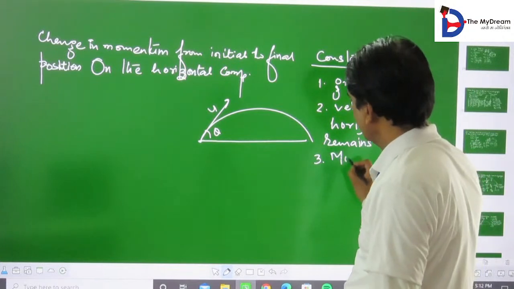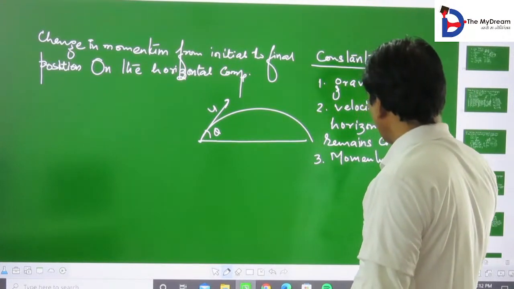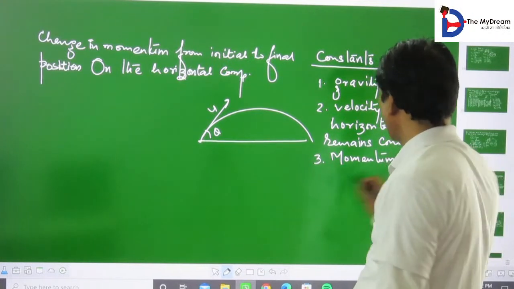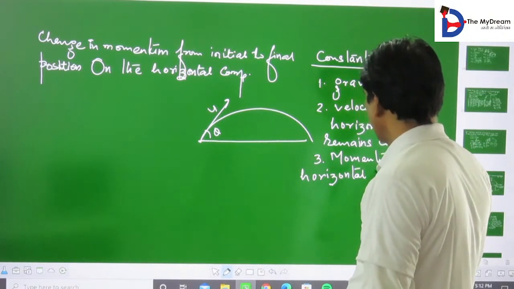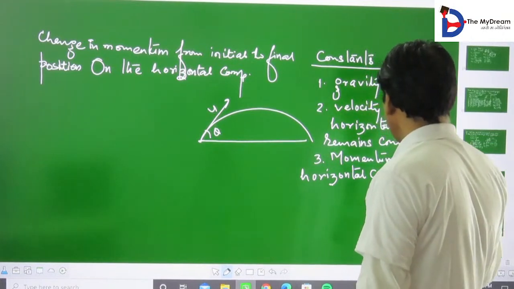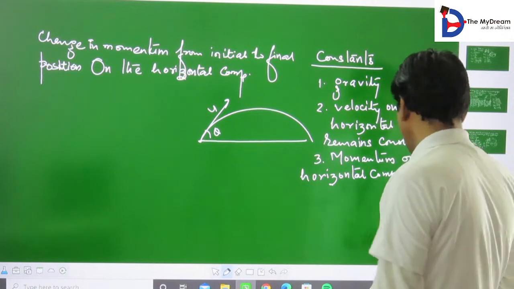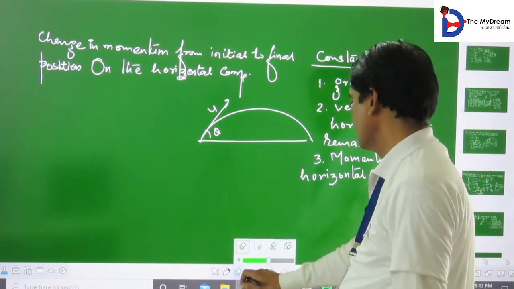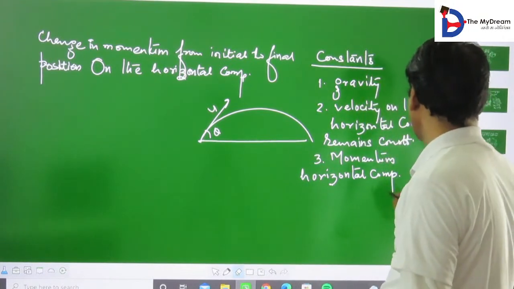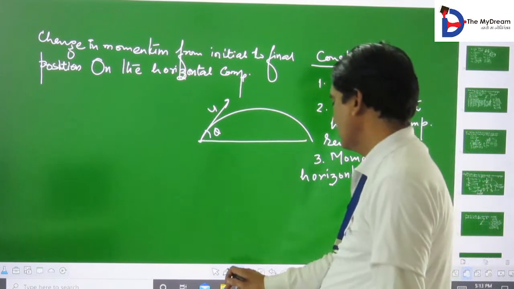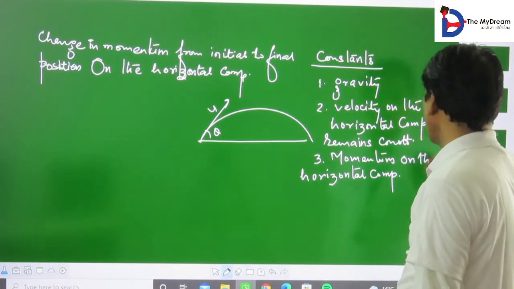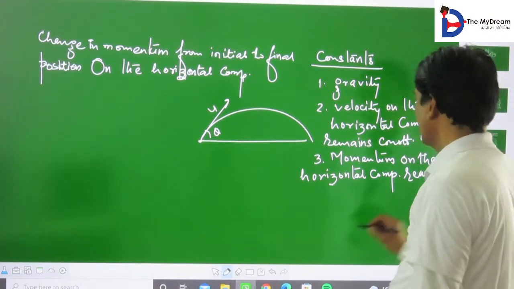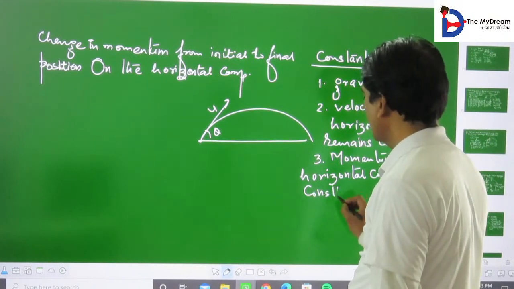Momentum on the horizontal component remains constant. Kinetic energy on the horizontal component remains constant. Why?